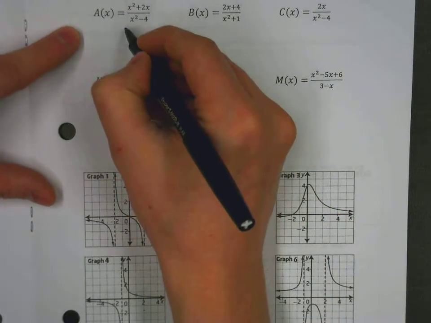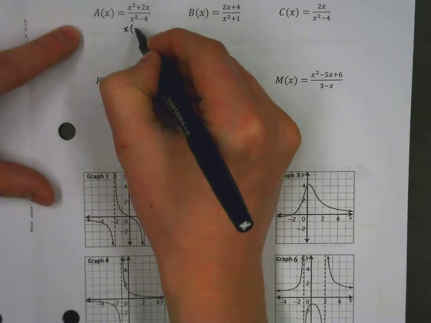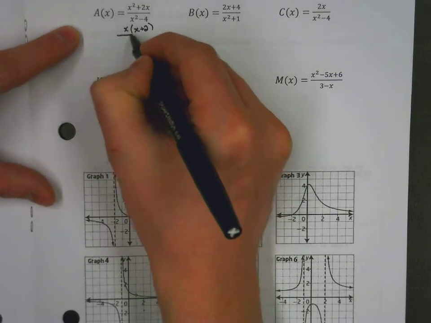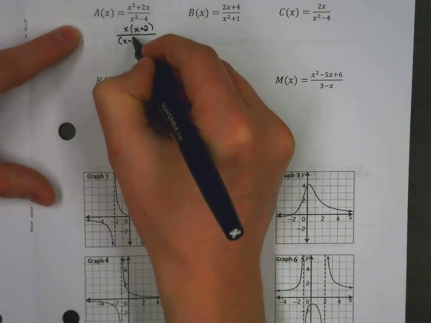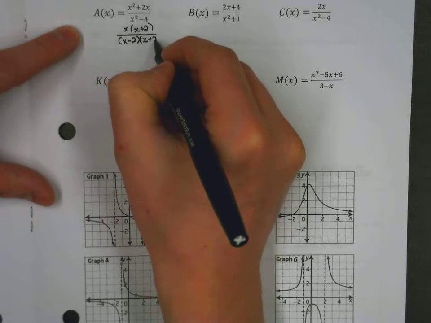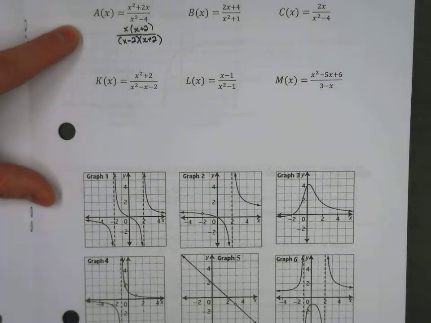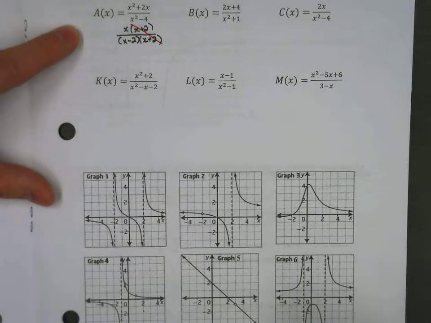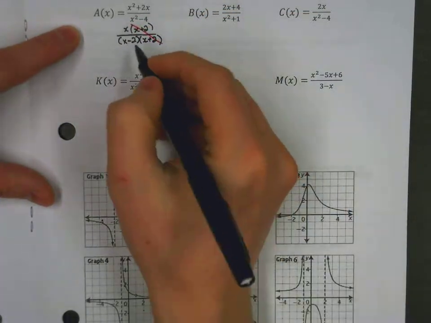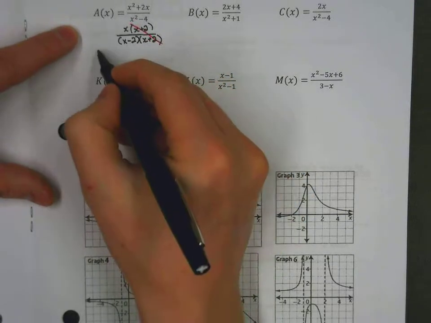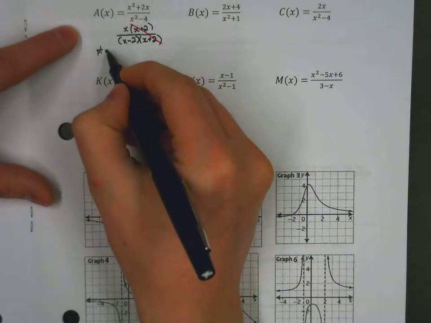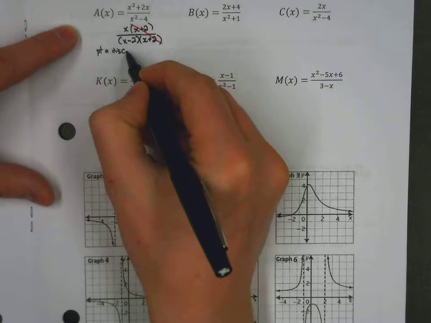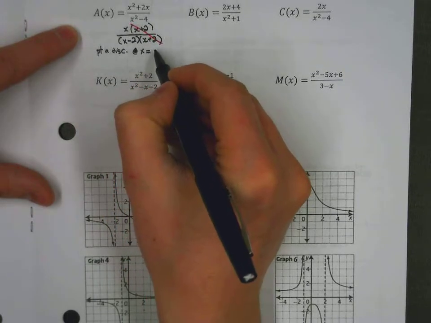But if I factor the very, very top here to say x times x plus 2, and I factor the bottom as a difference of squares, x minus 2, x plus 2, I can mathematically see that this x plus 2 isn't going to have any weight in this. Now that doesn't mean that there is no point of discontinuity. That means because there was a factor on the top and the bottom, there will be a point of discontinuity at x equals negative 2.